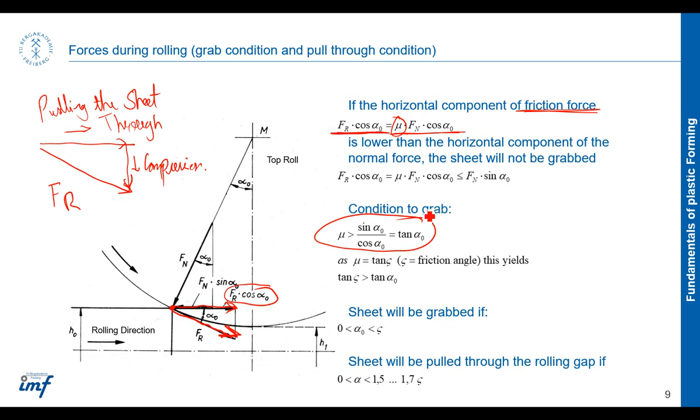And this alpha is basically this angle, which is angle of, we call it grab angle or roll angle. So you will find different names for it, which is basically between the first point of contact to the final point of contact. The angle between these 2 points is called alpha.